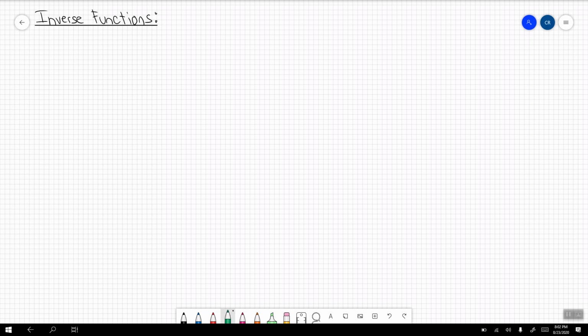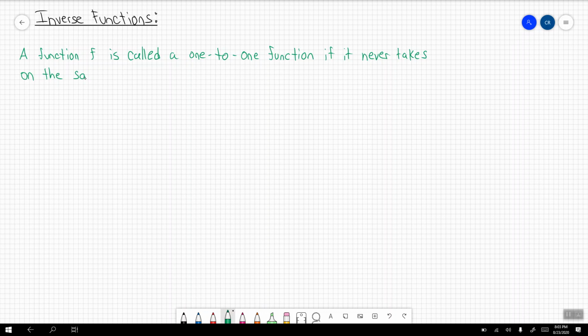I'm going to use the same definition that is in algebra, where a function f is called a one-to-one function if it never takes on the same value twice.